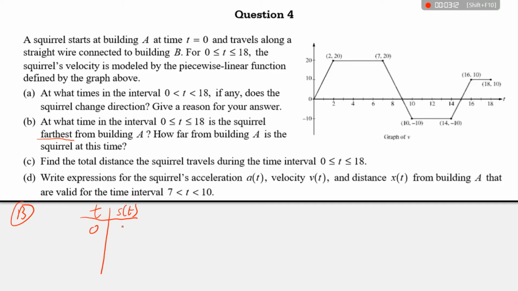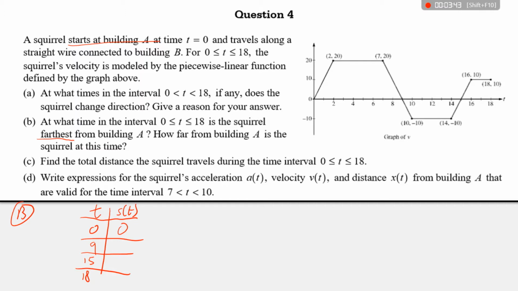It is 0, because we started at building A. And then I'm going to have breakpoints where? 9 and 15, and then the endpoint as well, 18. So we'll need to test all 4 of those and give the area.